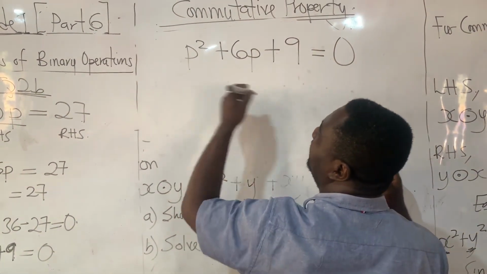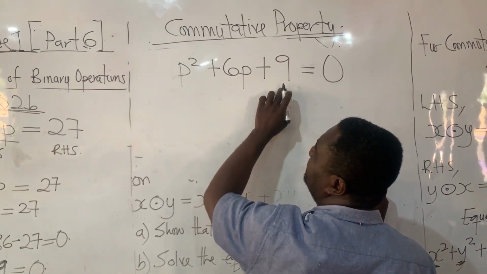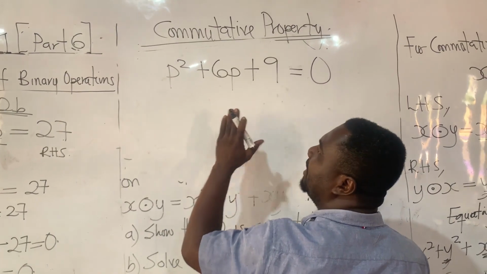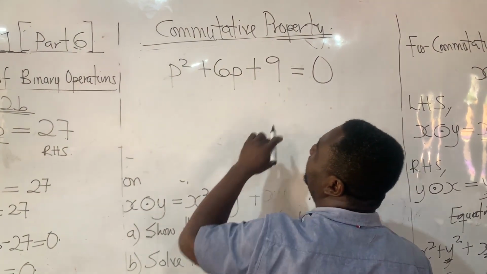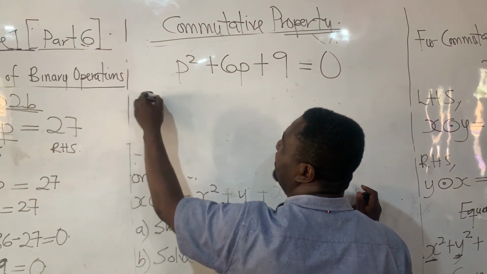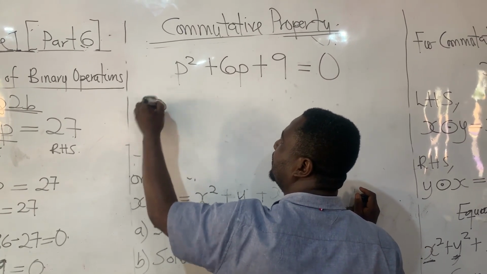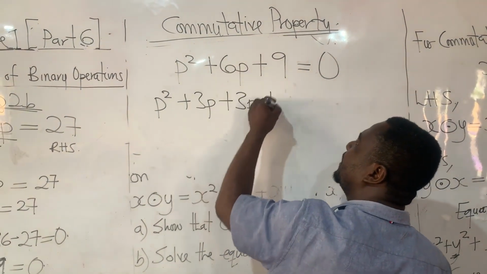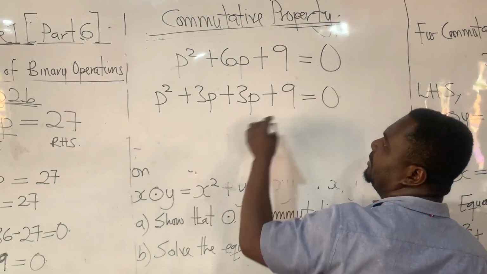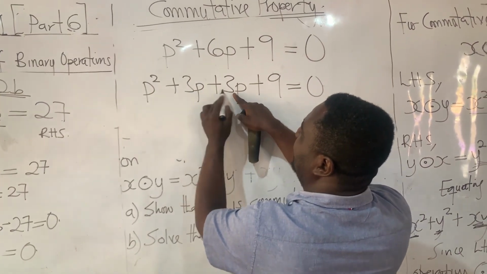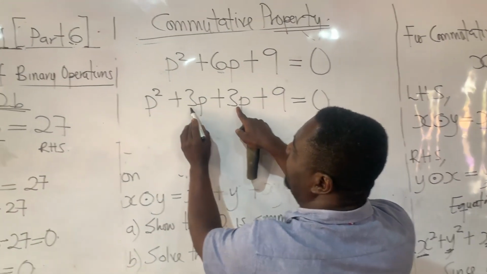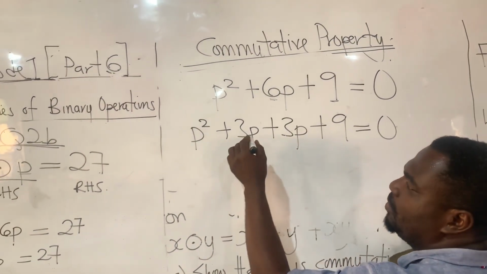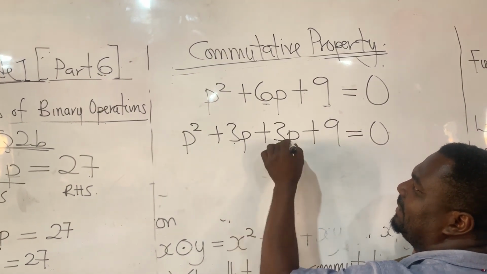Two numbers which when you add will give you 6, the same numbers which when you multiply will give you 9. It is going to be 3p plus another 3p plus 9 equal to 0. Two numbers which when you add, 3 plus 3 is 6. The same numbers which when you multiply will give you 9. 3, 3, 9. So the two magic numbers are 3 and 3.